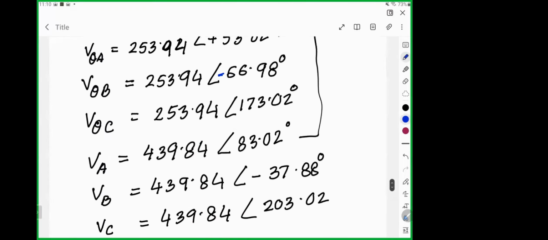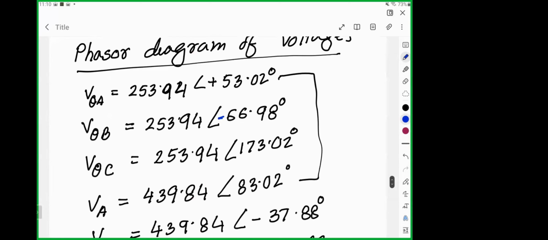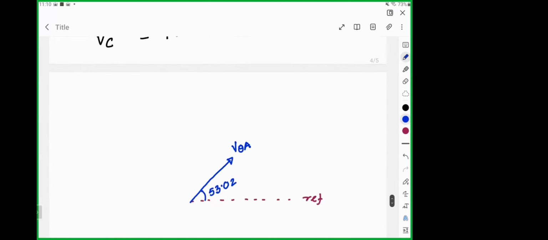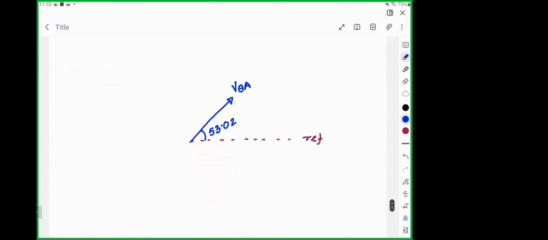And then V theta B will be minus 66.98. That means from this reference, we have to go in the clockwise direction. So this will be something like this, and this will be V theta B.